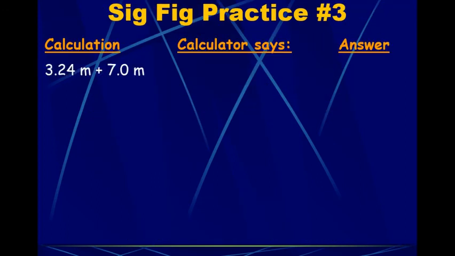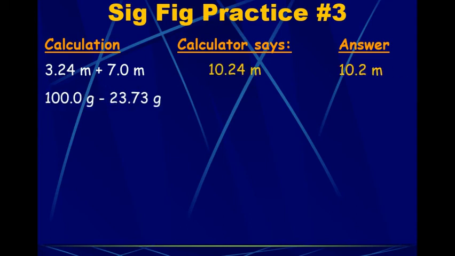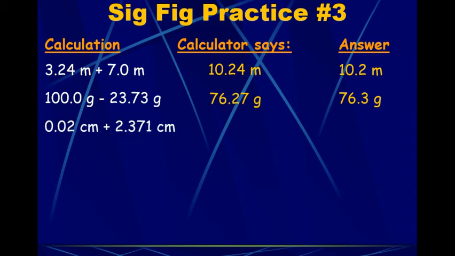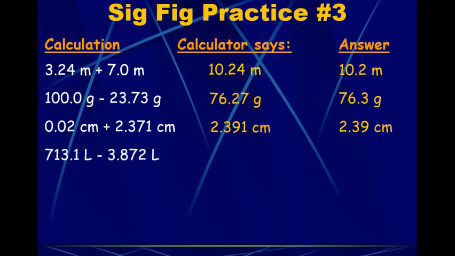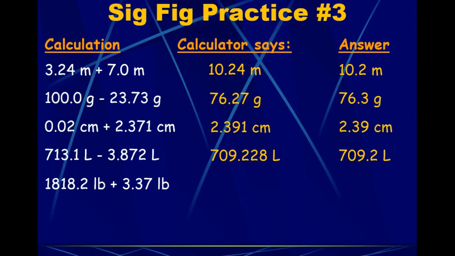So this is an addition and subtraction. In this case, 1 past the decimal. In this case, 1 past the decimal. In this case, we have 2 past the decimal. You're going to make your reported answer match the least precise measurement in the problem.